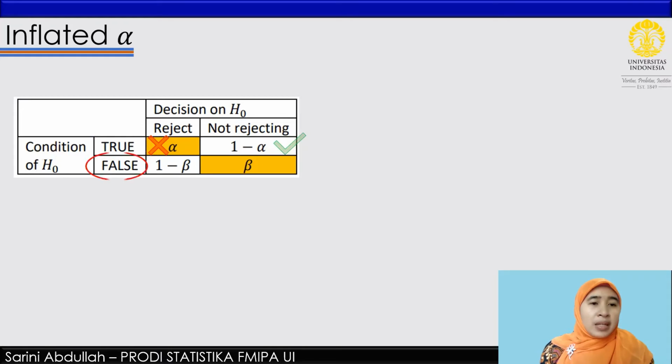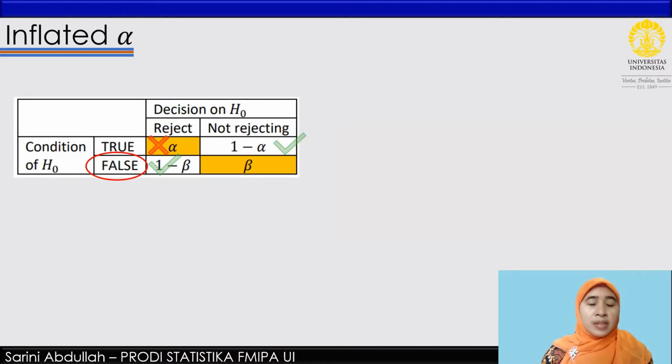On the other hand, there is a possibility that the null hypothesis is in fact false. In that case, rejecting something false is, of course, a good decision, a correct decision. The probability of making a correct decision is measured by 1 minus beta when the null hypothesis is false.